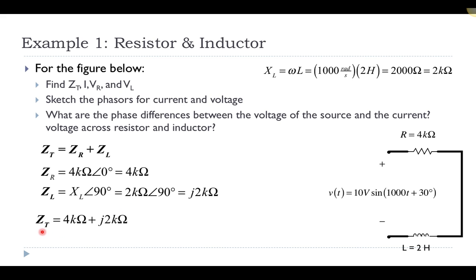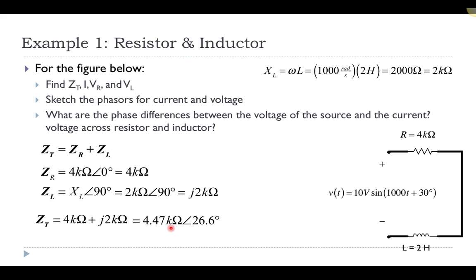That means that the total impedance in the circuit is 4 kilo ohms resistance and 2 kilo ohms reactance, and that's the imaginary part. I know that in terms of imaginary numbers, I can convert that into polar form and write that as 4.47 kilo ohms. That's taking the square root of 4 squared plus 2 squared, and I get 4.47.